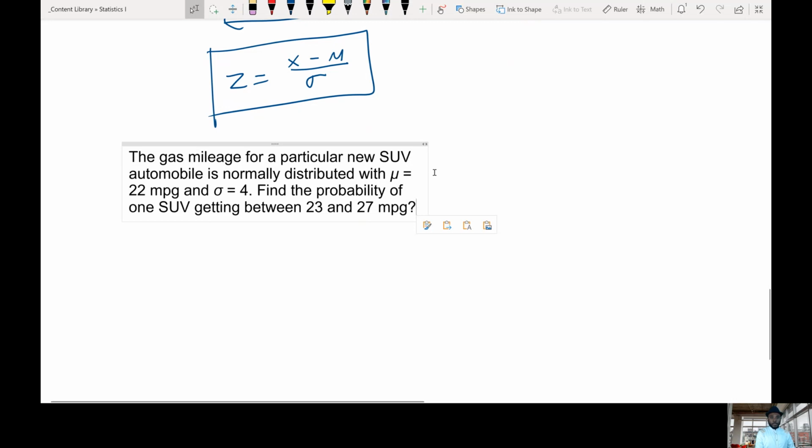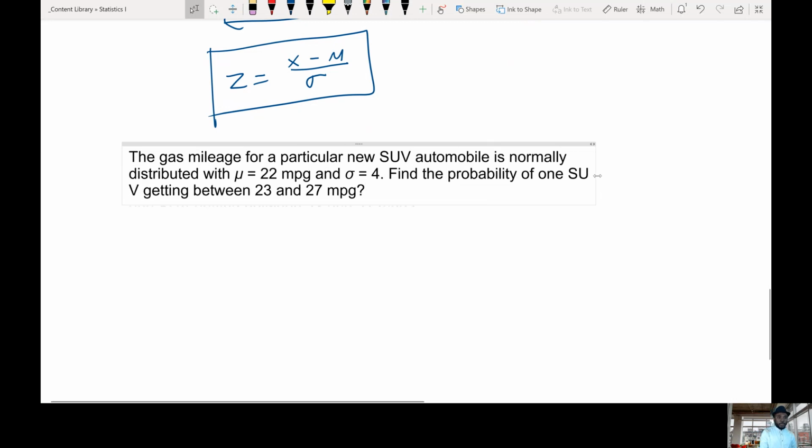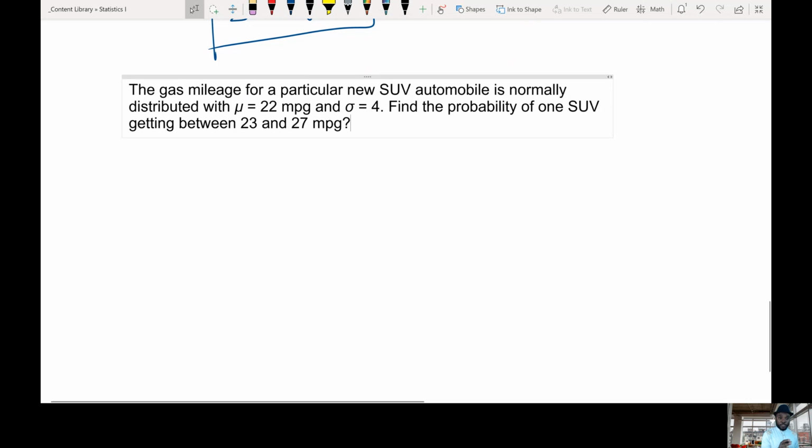So here's a question that we're going to solve right now. The gas mileage for a particular new SUV automobile is normally distributed with a mean of 22 miles per gallon and a standard deviation of 4. Find the probability of one SUV getting between 23 and 27 miles per gallon. So first, let's interpret this question together and create a normal distribution before we find the probabilities.